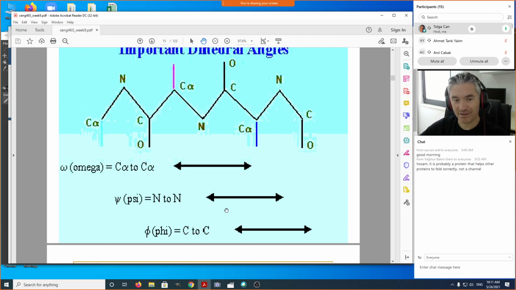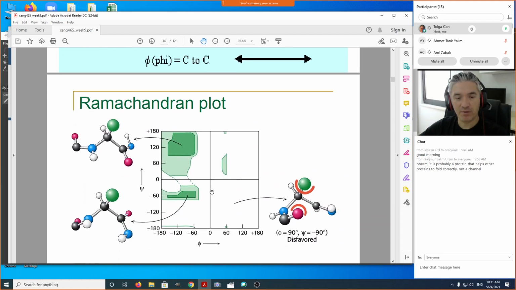So they are different. By picking two adjacent amino acids, you can compute the phi and psi values of those two adjacent amino acids easily. And if you plot for every adjacent amino acid, it will be a point in this plot. If you compute this phi value and this psi value, it will be a dot in this plot.